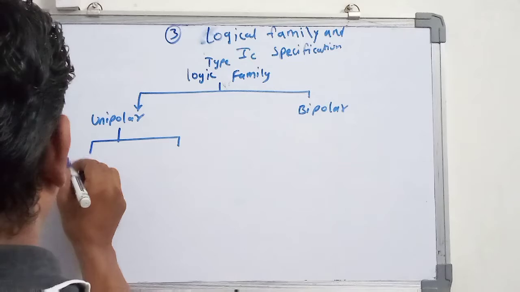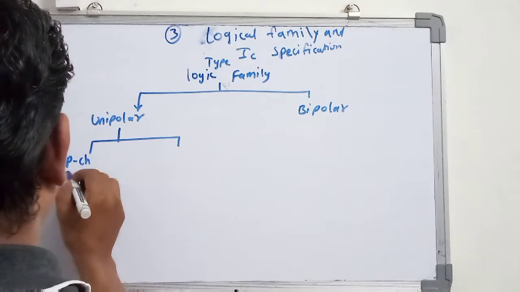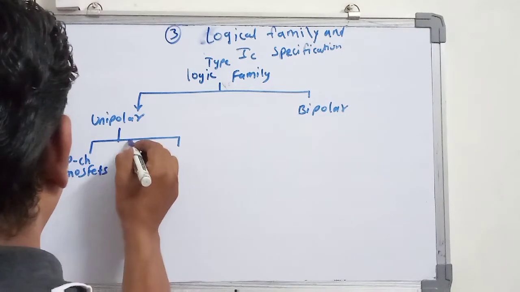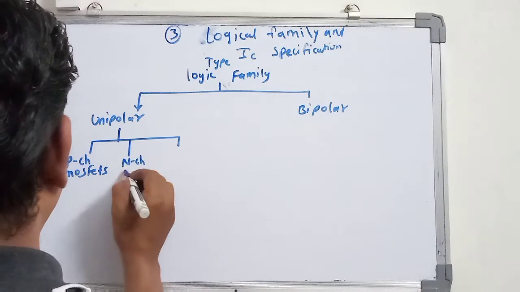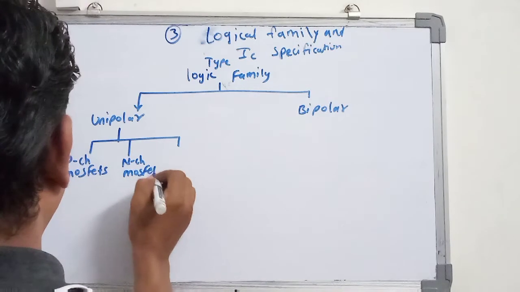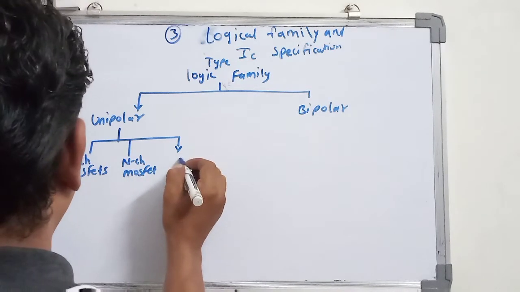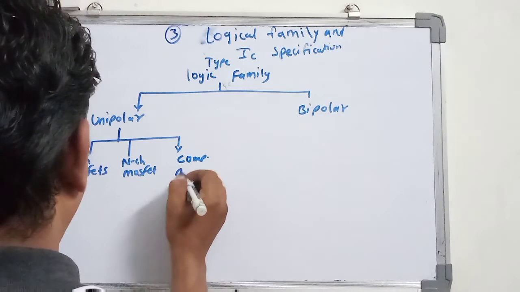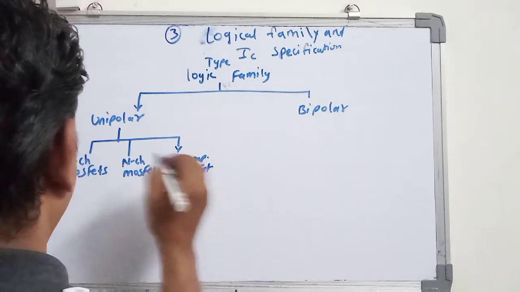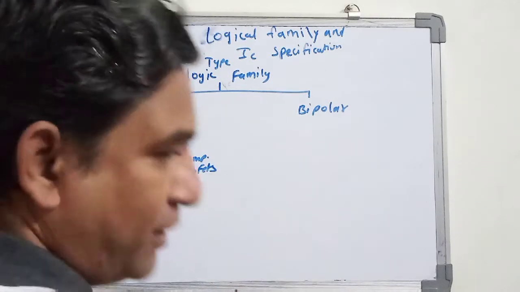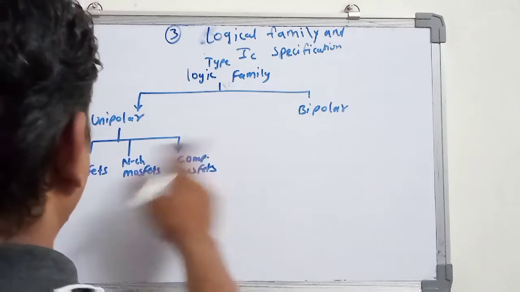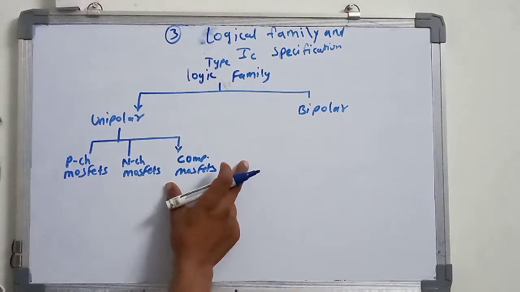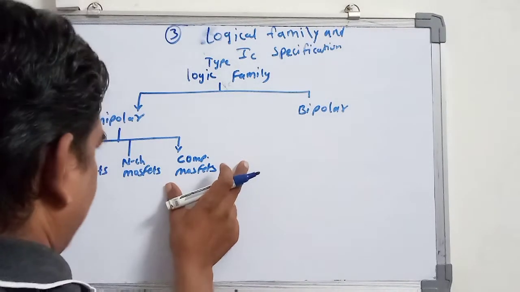That is a p-channel MOSFET, then n-channel MOSFET, and then last it is a CMOS. C means it is a complementary MOSFET. It is all written in the capital letter. Okay. So the unipolar has been classified into three types, that is a p channel, n channel, and the complementary metal oxide semiconductor field effect transistor.